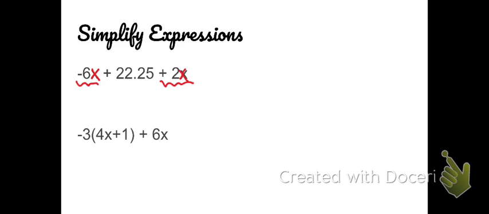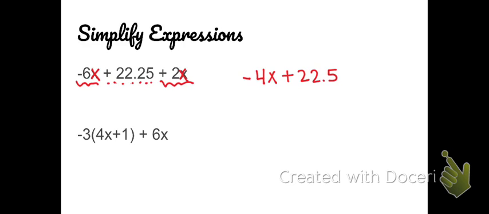It's negative 6x plus 2x. Negative 6 plus 2 is negative 4. So negative 6x plus 2x is negative 4x. And there's no other constants, no other regular numbers to combine with this, so I just put plus 22.5.